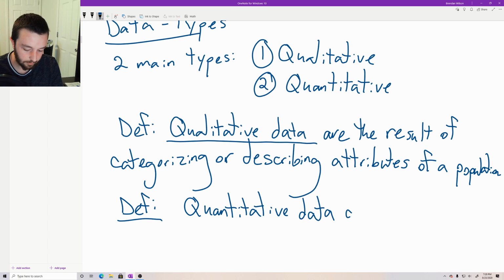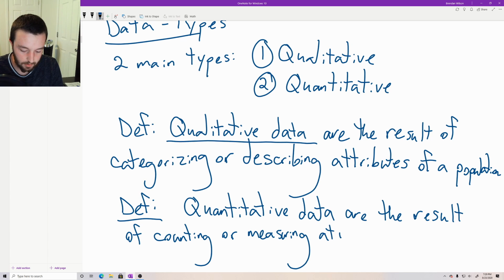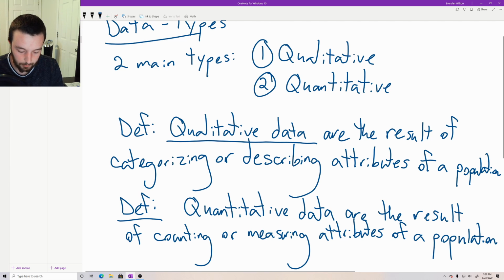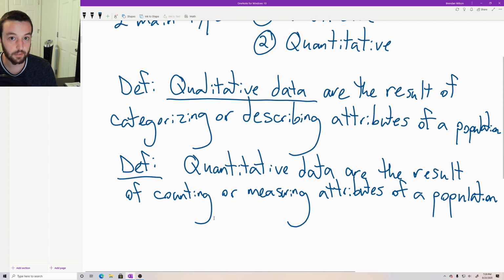So quantitative data are the result of counting or measuring attributes of a population. In both of these, we're doing something with the attributes of a population, but in the first one, we're categorizing or describing it. In the second one, we're counting or measuring it.